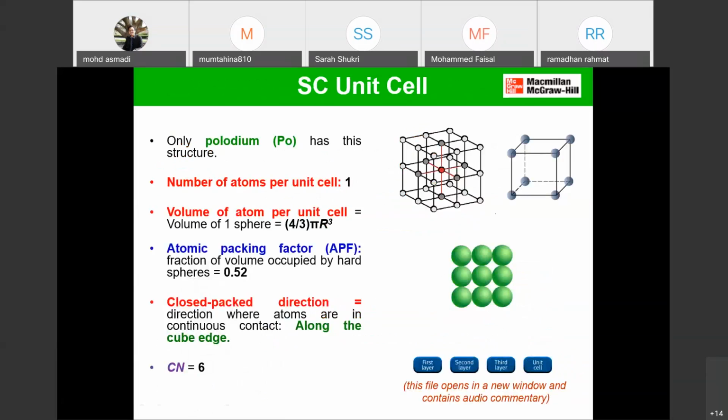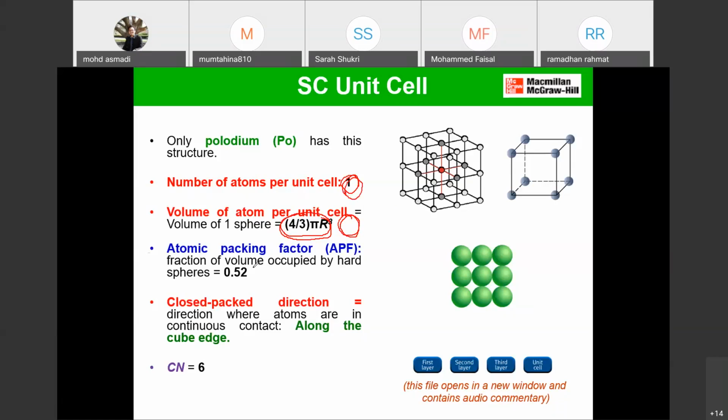Here, the simple cubic unit cell. The number of atoms per unit cell is equal to 1. The volume of atoms per unit cell, based on one unit cell, which is a sphere, is 4/3 pi r to the power of 3.